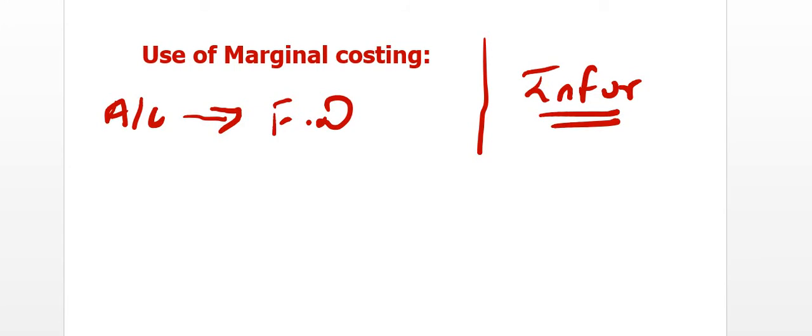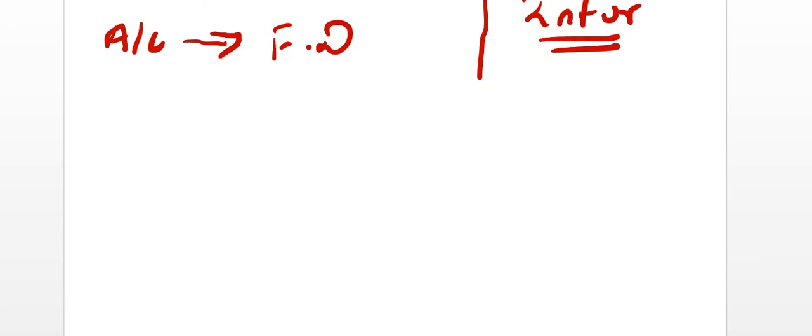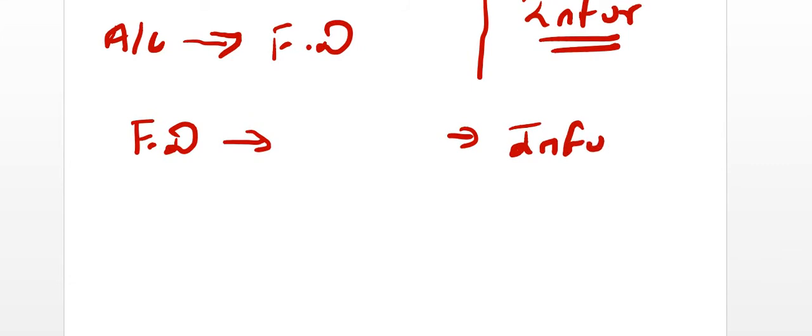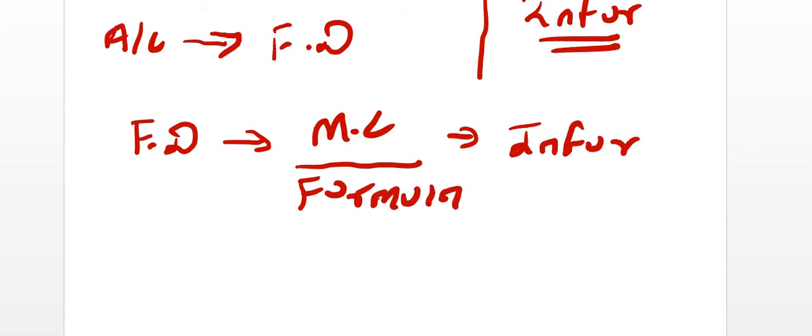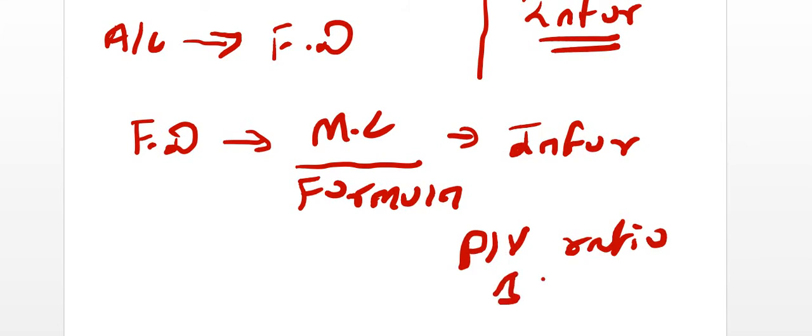Marginal costing technique provides the manager with meaningful information so that he can take up the various decisions on a day-to-day basis. That means the financial data which you have recorded using the accounting technique will be converted into meaningful information, and this is converted by using the marginal costing formulas. Let's say we are having the formula like PV ratio, we are having the formula like break even point, we are having the formula like MOS.